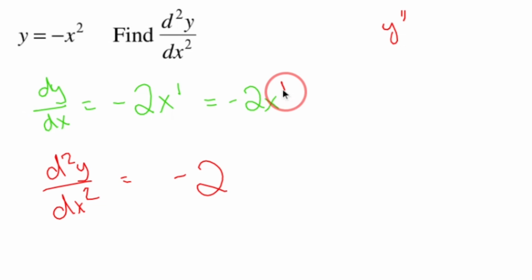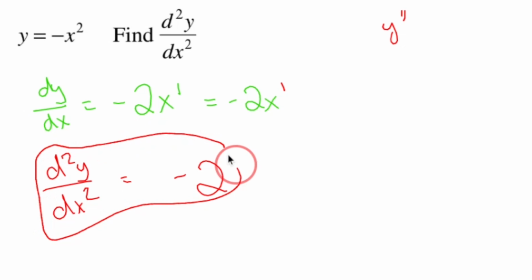Well, pretend that's an invisible 1, multiply the 1 out in front, nothing changes, subtract 1 from 1, so x to the 0 is nothing, the x goes away. This is my answer right here. So the second derivative of negative x squared is -2. That's it.